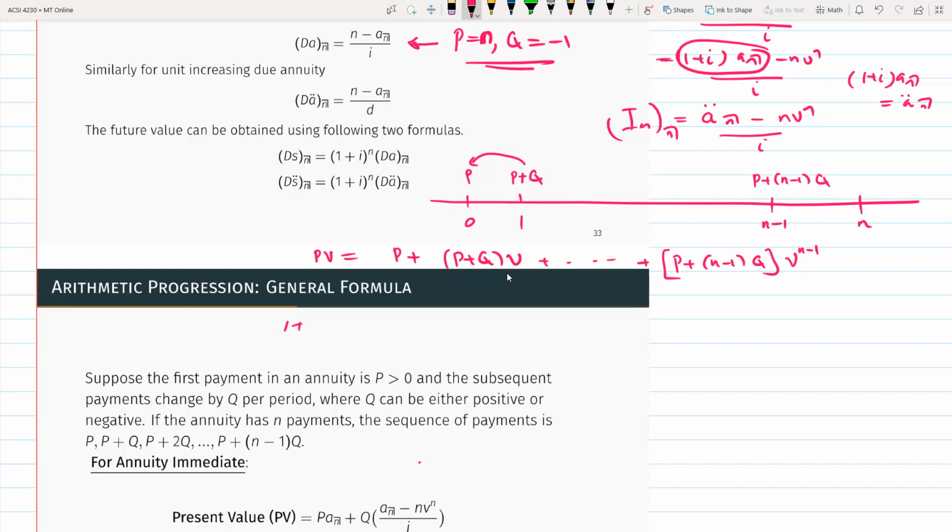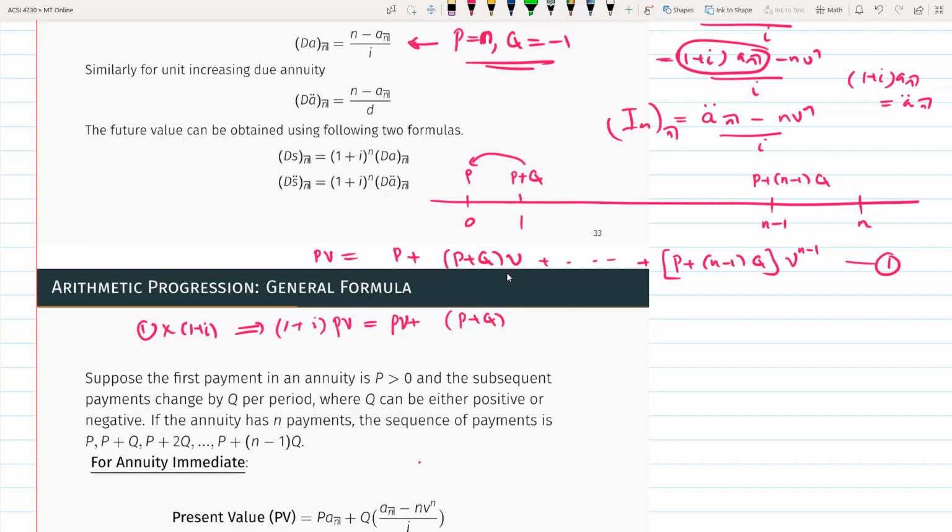So this is equation 1, and if I multiply 1 by 1 plus i, I would get 1 plus i times PV. So it is going to be P plus PV.